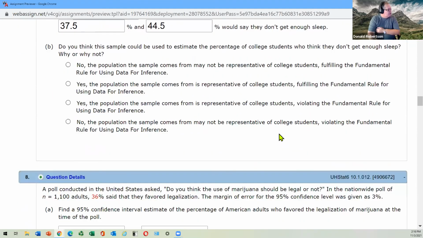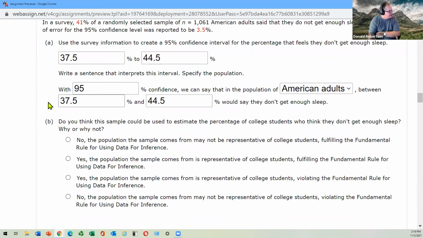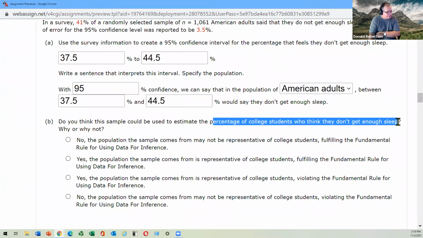Now, do you think that we should be able to use this estimate to predict the percentage of college students who don't get enough sleep? I agree with the shaking of the heads. Brendan, tell me why not. Because it was an estimate of the population.